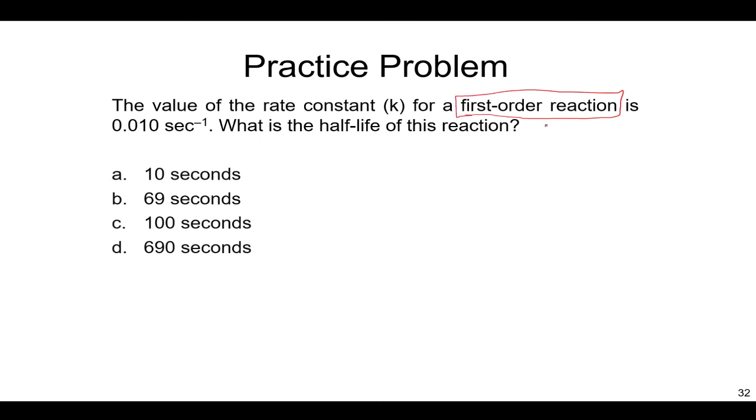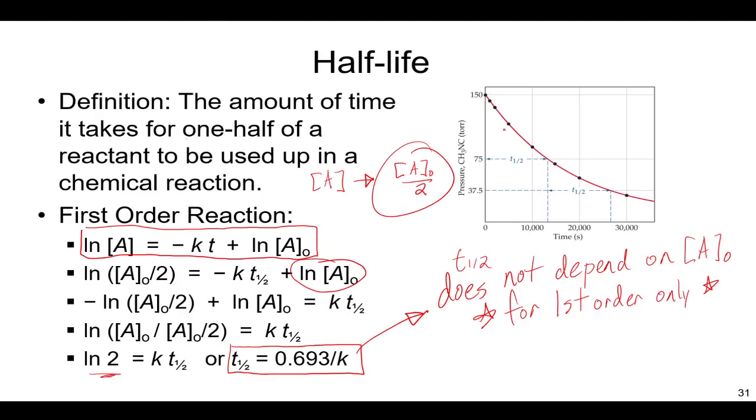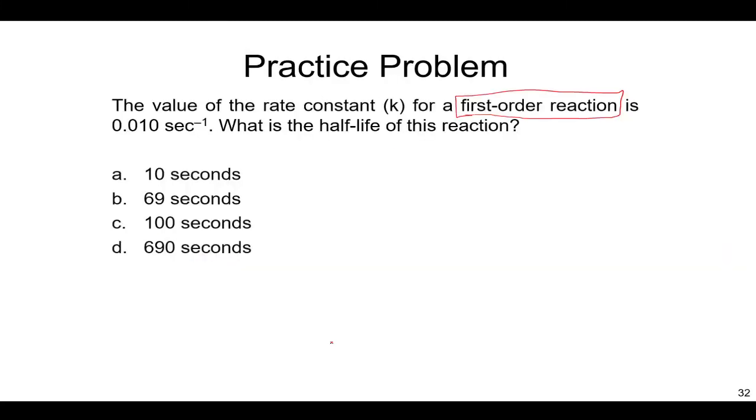You can always derive it from the calculus if you remember all of that. But you might be able to remember for first-order reactions that the integrated rate law looks like this, and you can derive the half-life. Or you can just remember as soon as you see first-order reactions, you know the half-life is 0.693, this thing we just derived right here, over k.